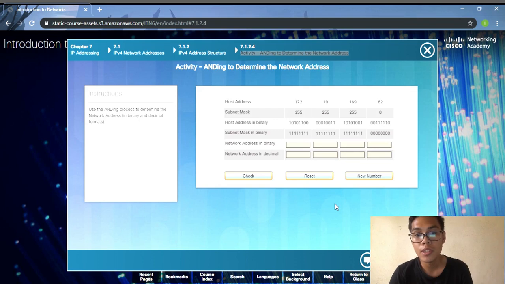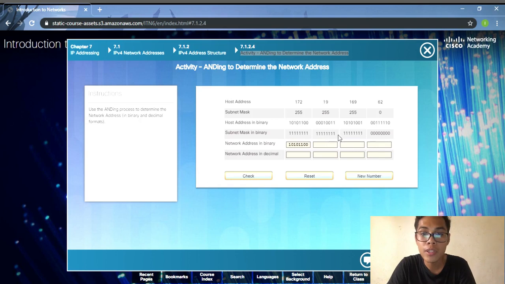So to answer this network address in binary, we just compare the host address in binary and the subnet mask in binary. If it is 1 and 1, we put 1, and if it's 0 and 1, or 1 and 0, or 0 and 0, we put 0. Just like here, 1 and 1 is 1, then 0 and 1, we put 0. So 1 and 1 again, we put 1, then 0, 1, 1, 0, 0.